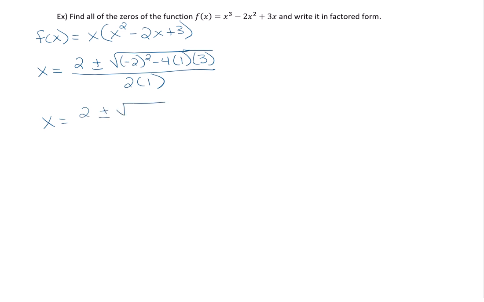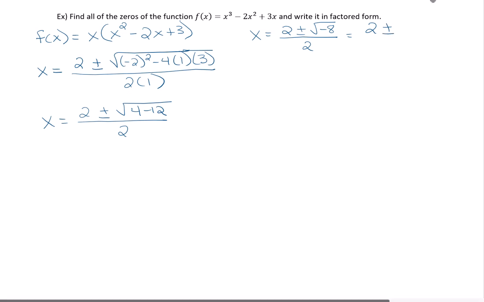And when we simplify, notice we get a negative underneath the radical. We would simplify that square root of 8 like we normally would. We would get 2 rad 2 over 2, but we would also have an i value.